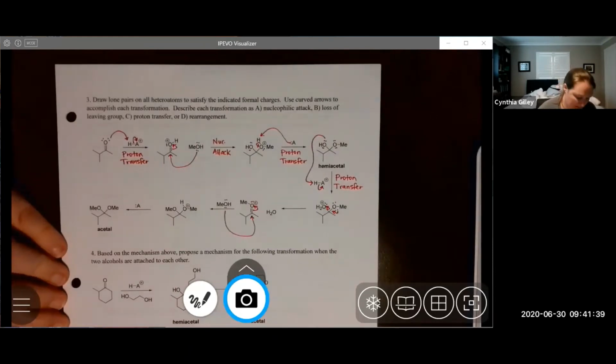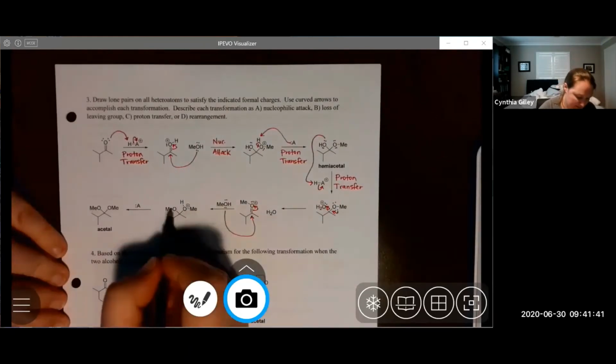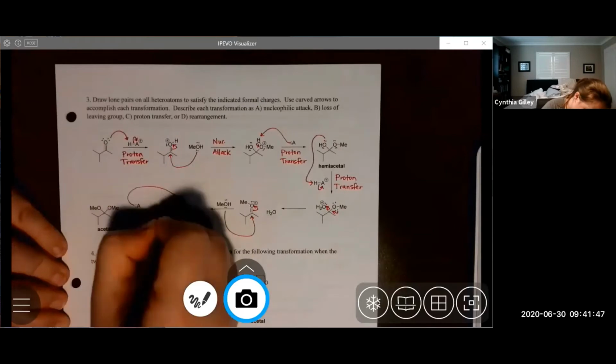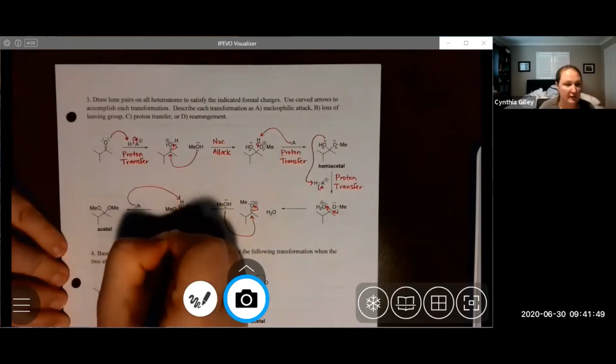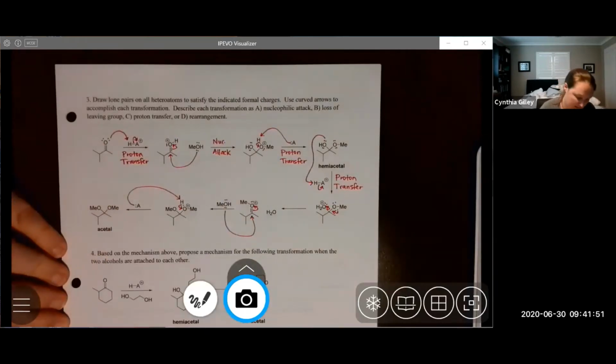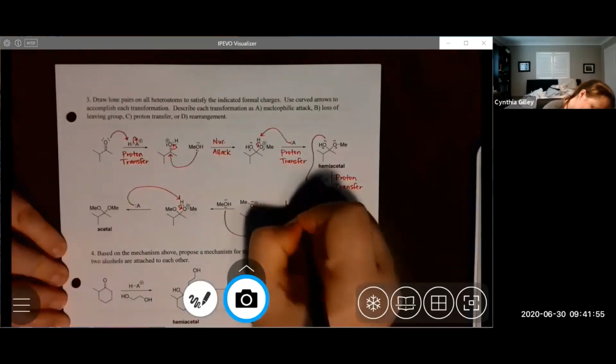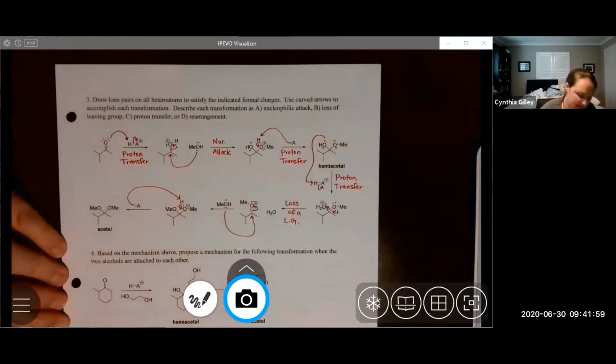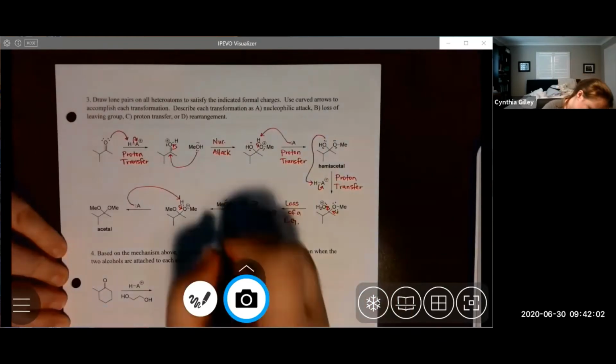So now we're really close to the final product here. We just need to lose this final proton, the final proton transfer. I forgot to label, so I'll go back: loss of a leaving group. Okay, this is a nucleophilic attack.